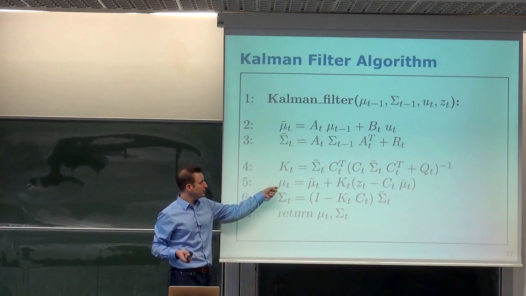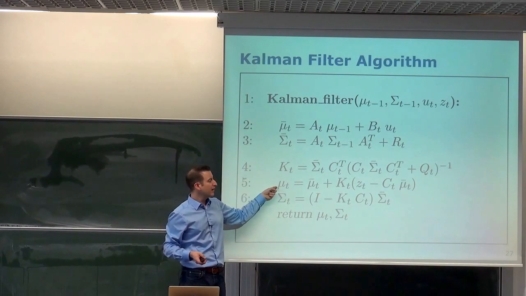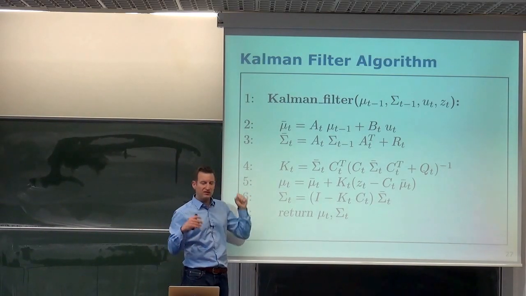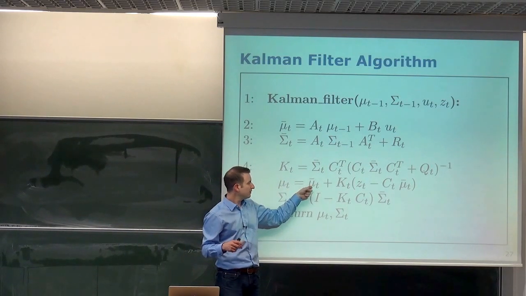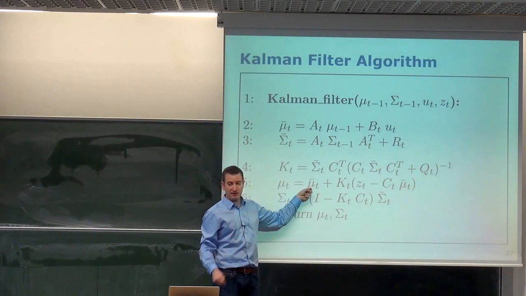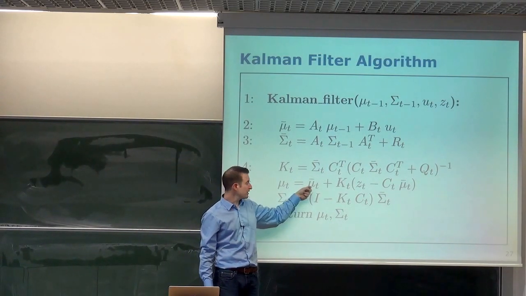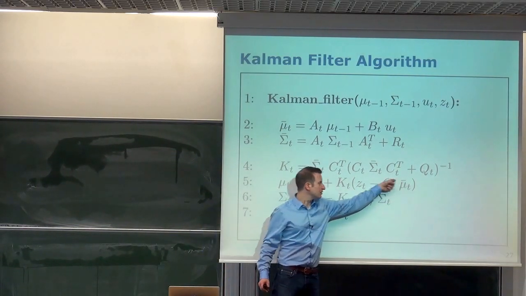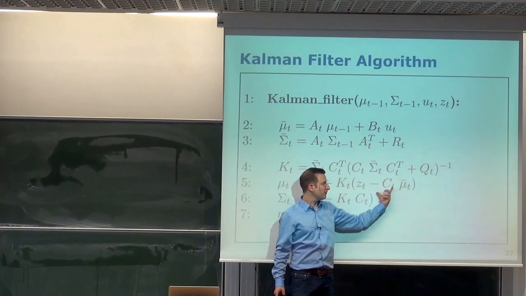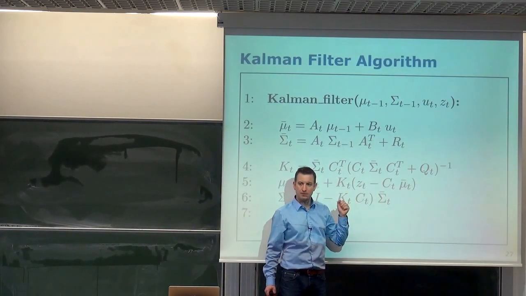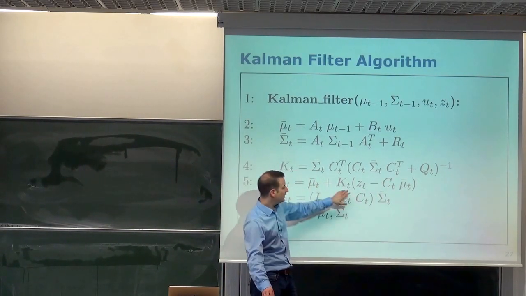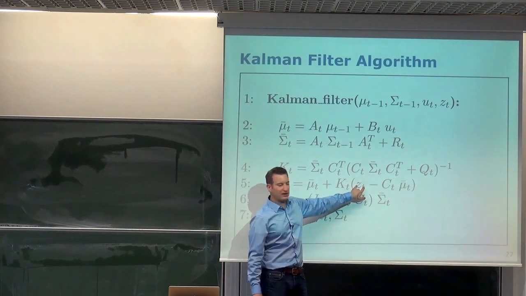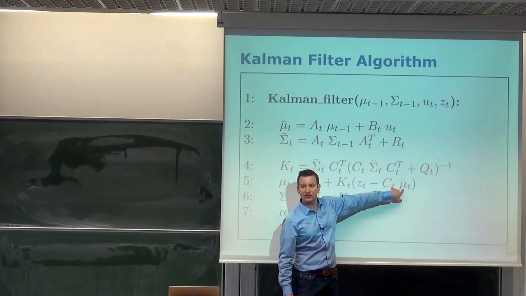And then we compute the new mean as a weighted sum of the previous mean that we had, the predicted mean, so the prediction, and the correction according to the observation. So what you can see here, this is the real observation that we have, and this is the predicted observation.